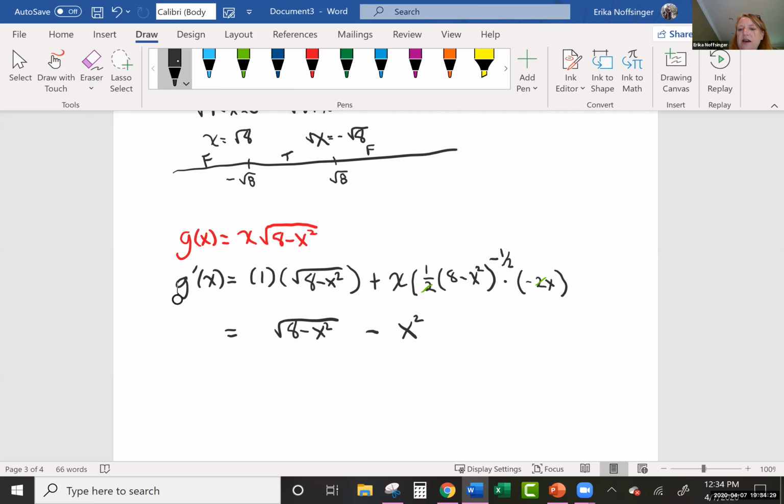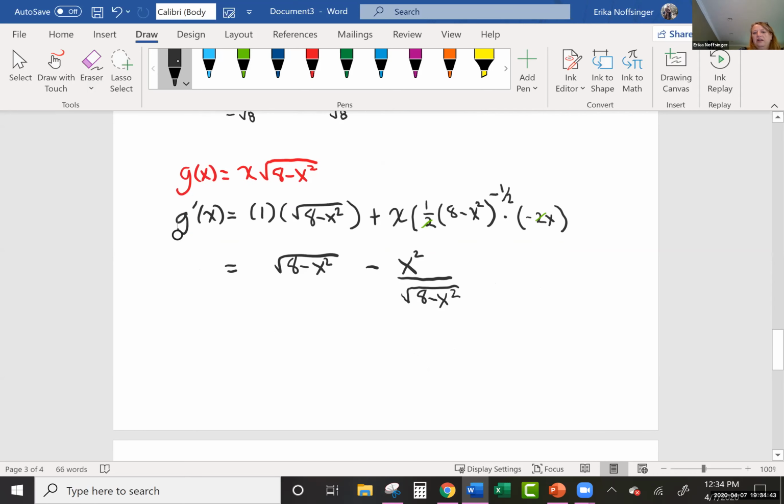And then the only other piece that is left is that negative exponent. I'm going to bring it down to the denominator and put it underneath the radical. And so critical numbers occur where this is equal to 0 and undefined.